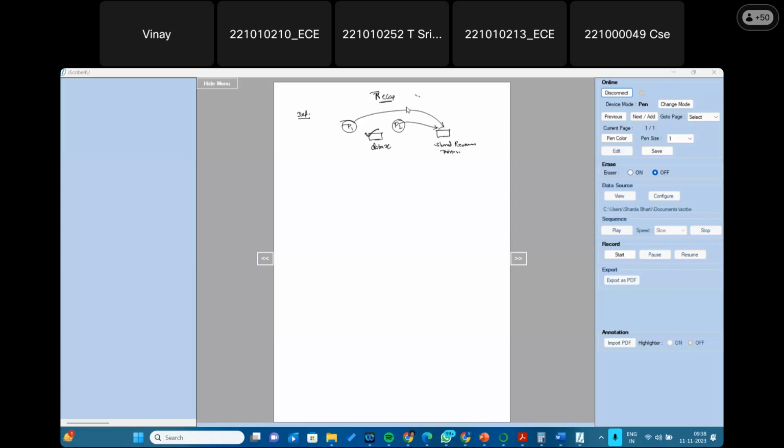Then we have the types of process, on the basis of synchronization. We have discussed that we have two types of process. First one is the independent process, and another one is the cooperating process.